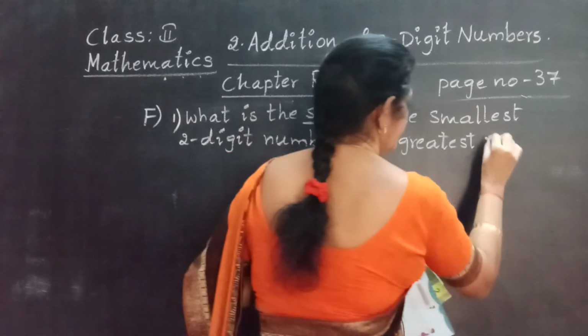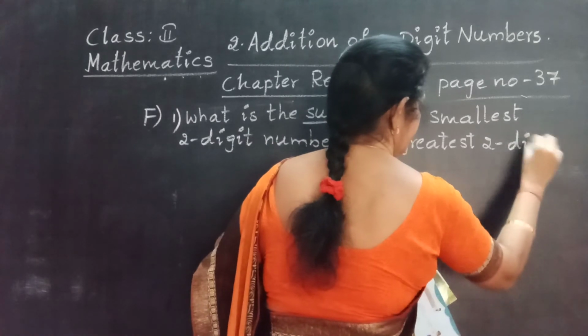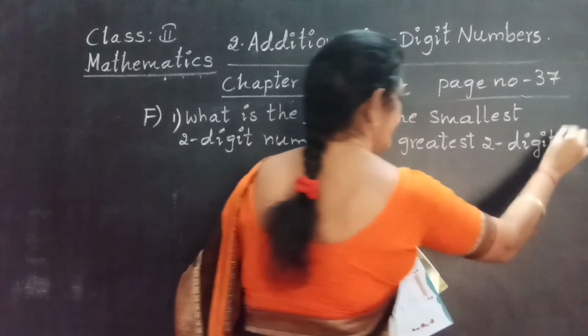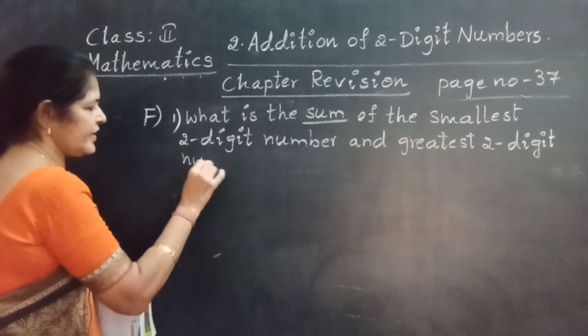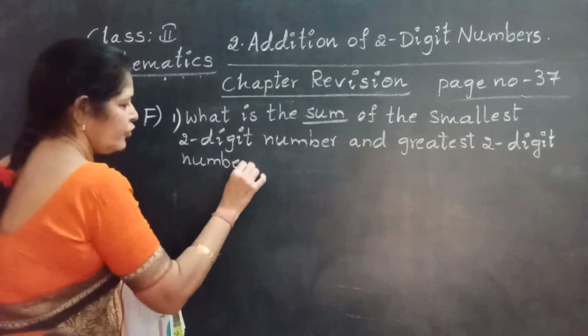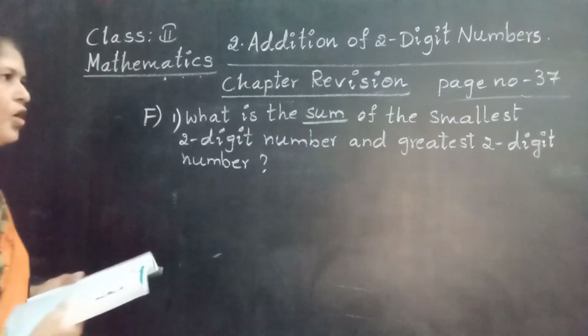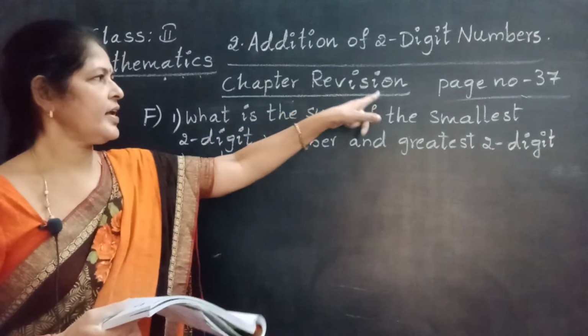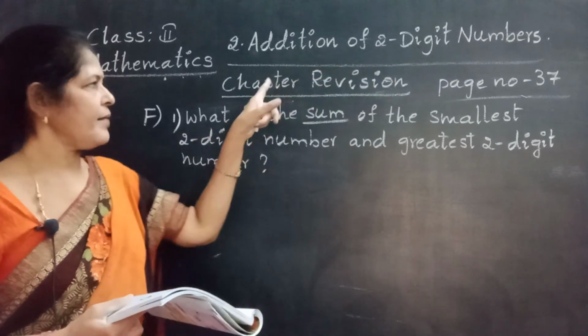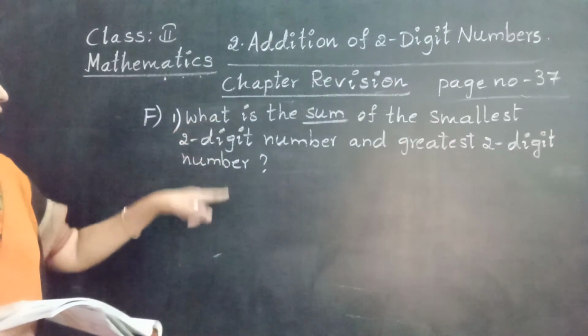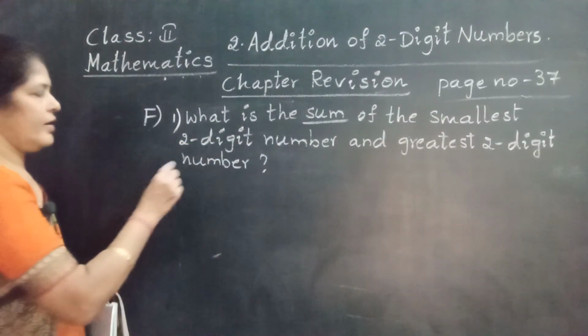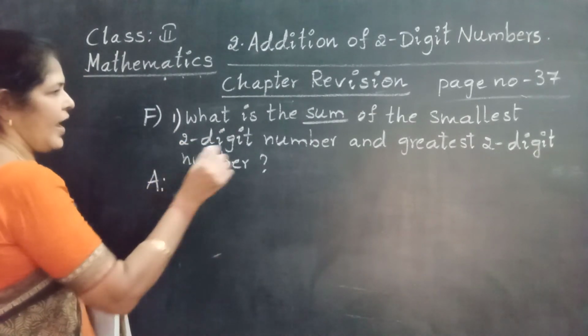Sum means find the total. This is the question given in the textbook. You write this question in your homework book. Write like this: chapter revision, addition of two-digit numbers, chapter revision, page number 37, and copy down the question F Roman. Now answer. Leave a line.